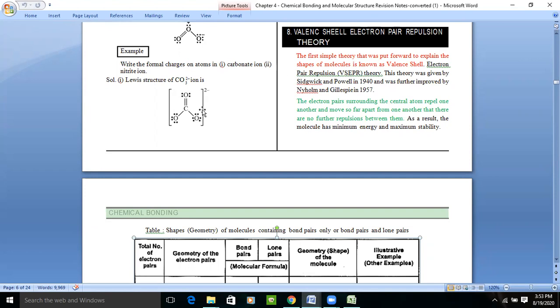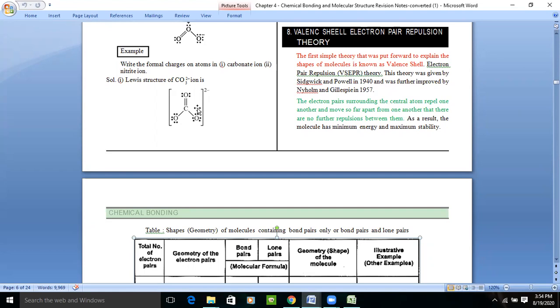For example, this carbon is the central atom and these are the attached species. What leads to the repulsion, and why do these three attain this position around the central atom?